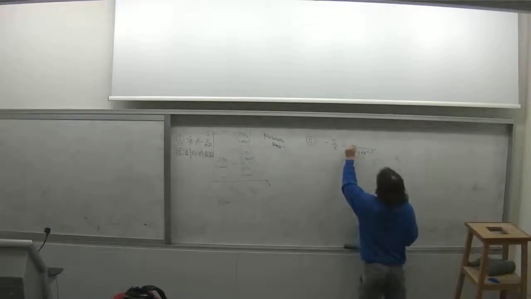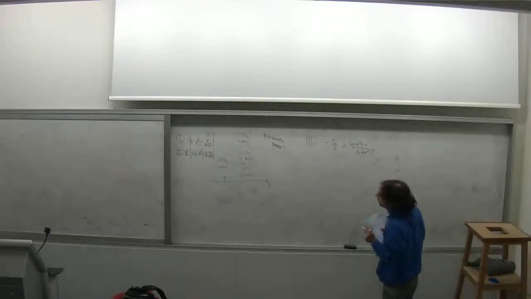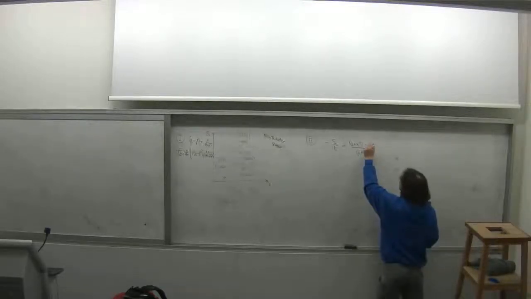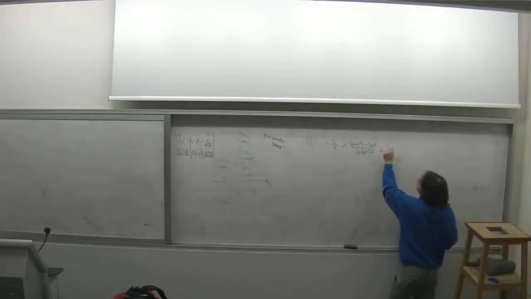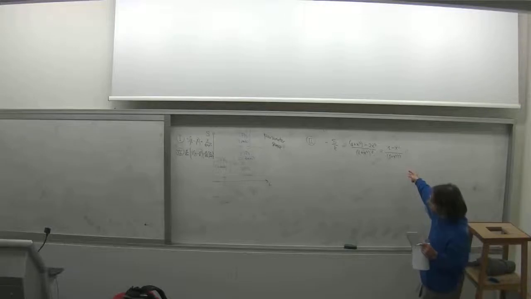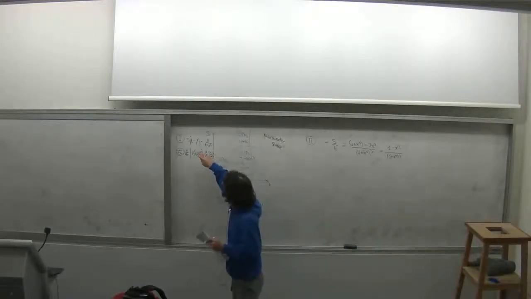So it's 1 plus x squared minus x times 2x, plus 2x squared, 1 minus x squared over 1 plus x squared squared. So I got this, and then I can go to condition 1.